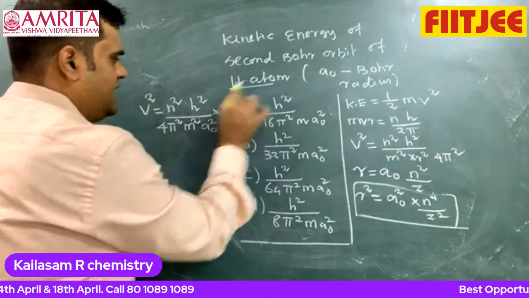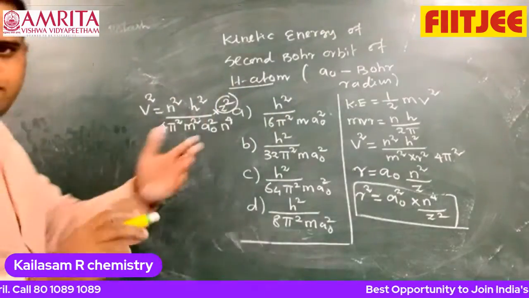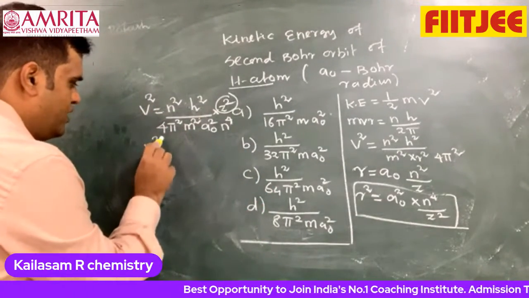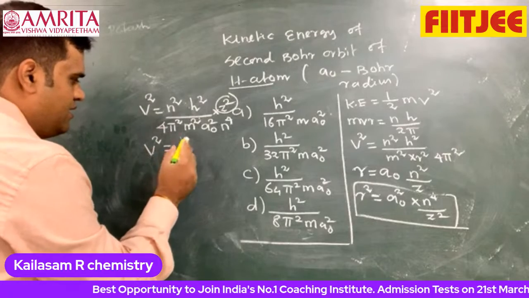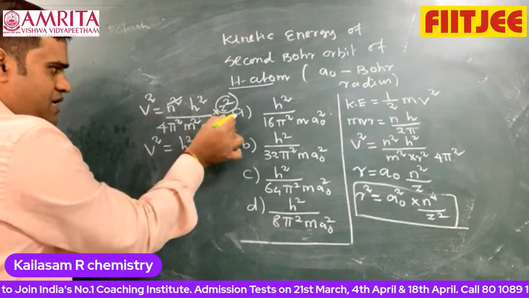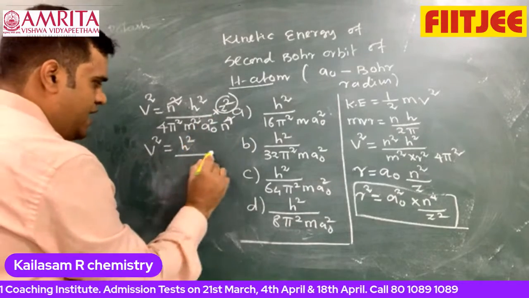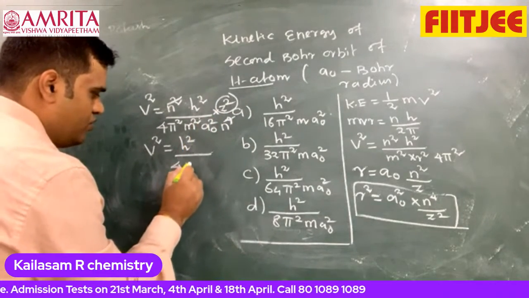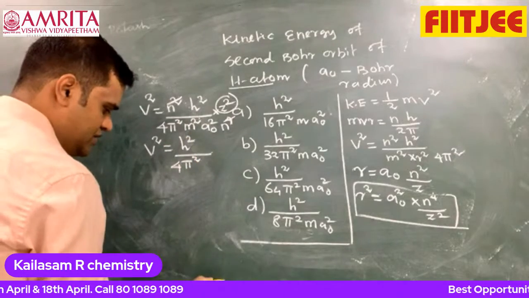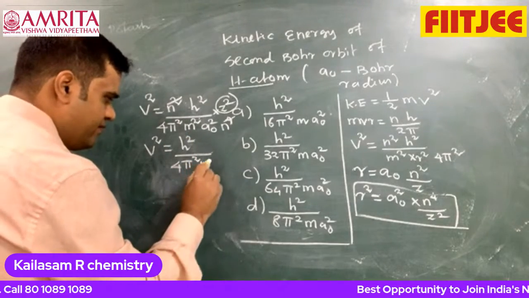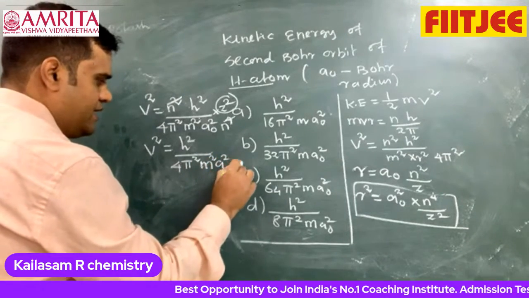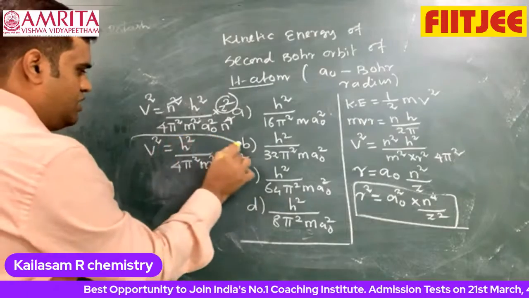Anyway, for hydrogen atom z square is not required because z square is nothing but 1 only. Now I can write that v square is nothing but h square by 4 pi square m square a naught square n square. This is what we got.